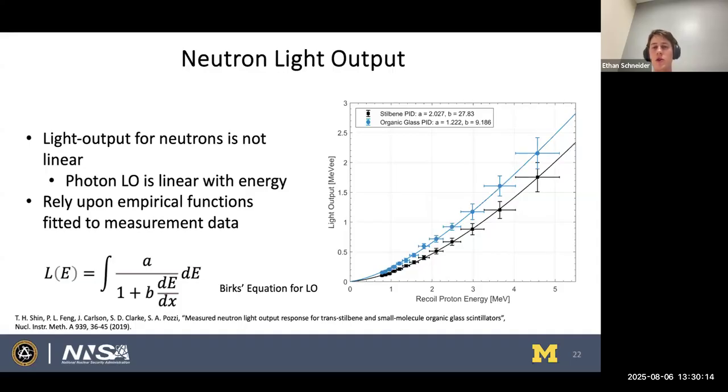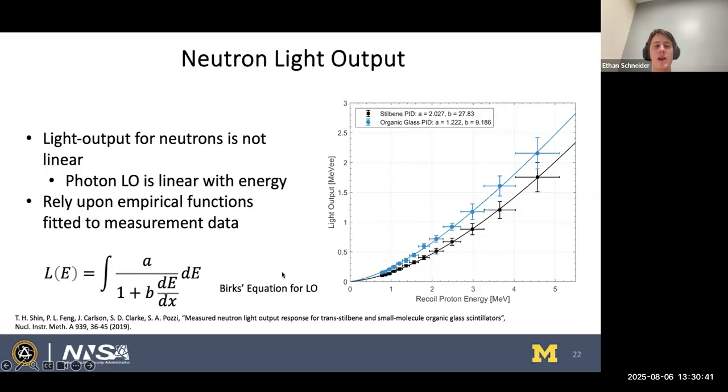As we increase in neutron energy, we do not have a linear relationship. This can be seen on the right, where we have the variation in our recoil proton energy. So the energy of that proton that moves about in the scintillator following a neutron scattering off protons. Proton recoils produce light, and there's some quenching there, which gives us a relationship that's not quite linear.